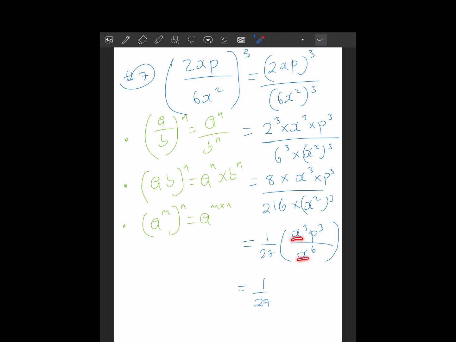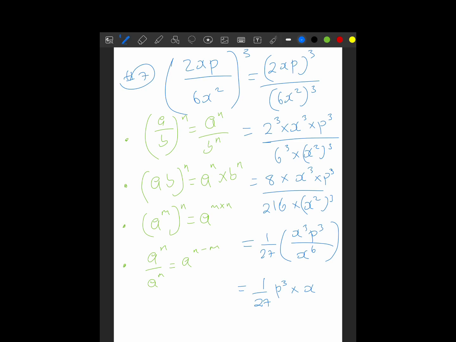And guess what? You've got x and x with exponents. You've got p, and p doesn't have another exponent, so we're just going to keep p the way it is. And x over x, you divide. So the rule says if you have a power n over a power m, the bases should be the same, so this is going to be a power n minus m.